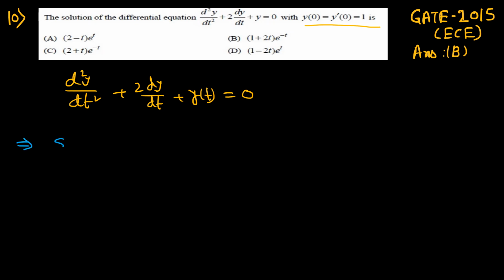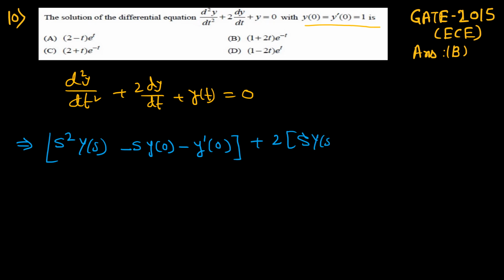What you will get? First one is s square capital Y of s minus s times y of 0. Be careful. Minus y prime 0. This one plus 2 times, it is s times Y of s minus y of 0.